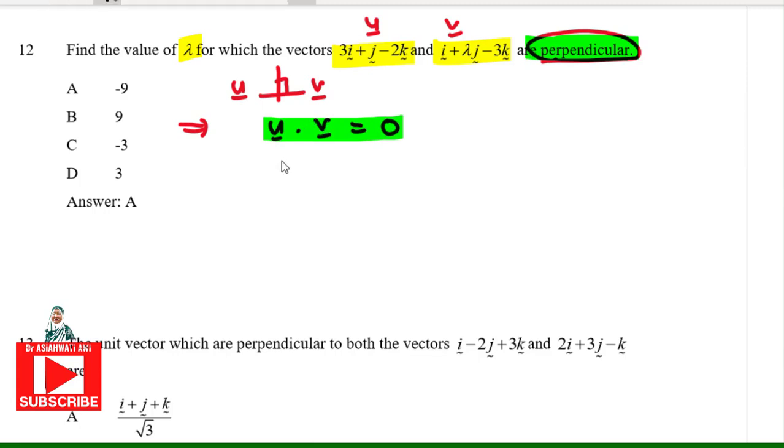Using the matrix form, 3, 1, negative 2 dot 1, lambda, negative 3 is equal to 0.